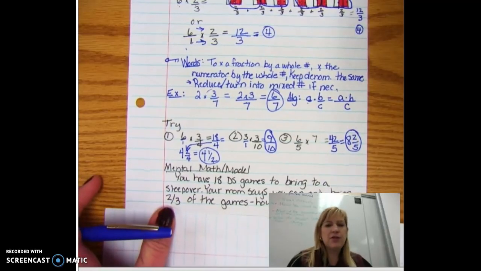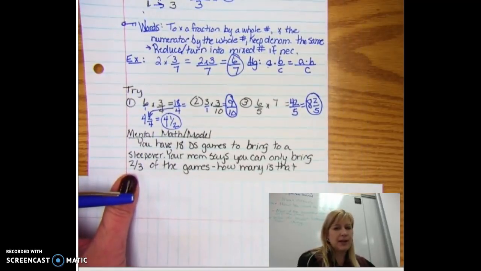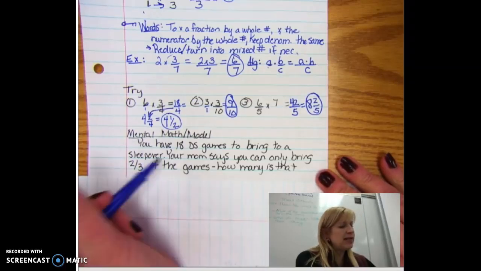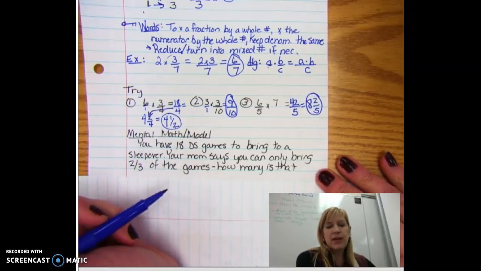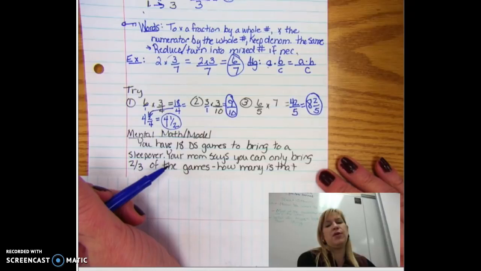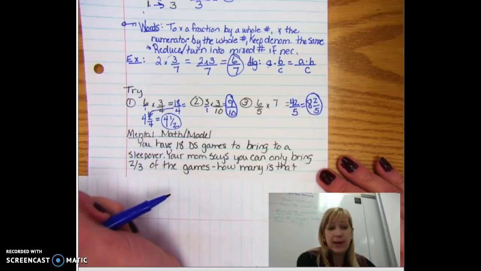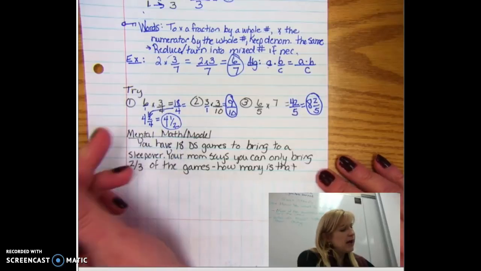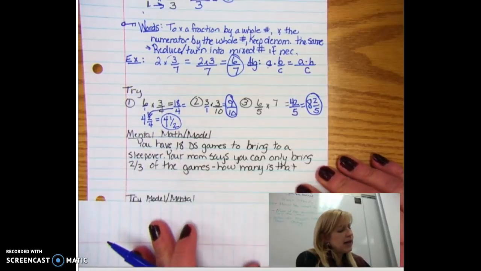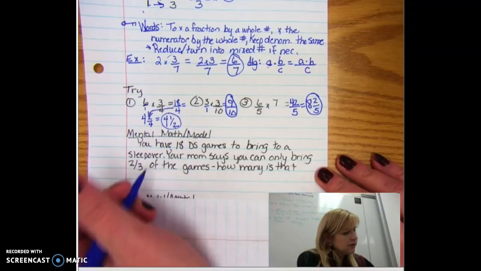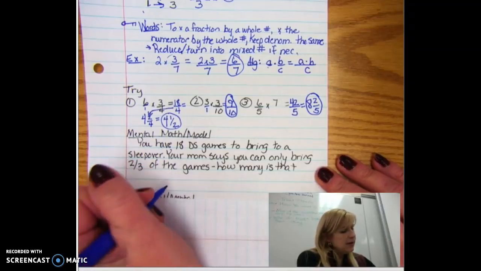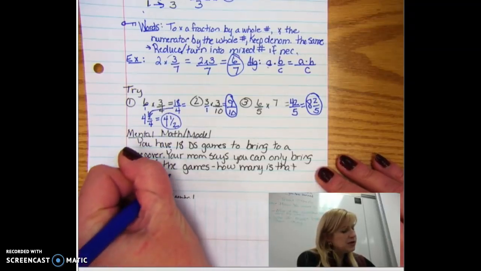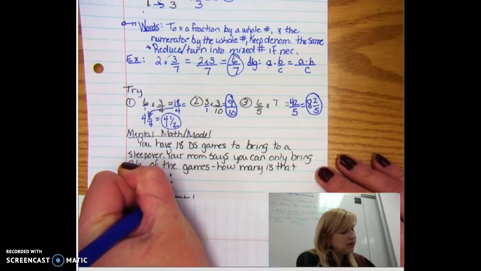So I want to talk about how to do this through a mental model. So let's say that you have 18 DS games and you're going to bring them to a sleepover, but your mom says, no, you can't bring all of them. You can bring 2/3 of them. And how many is that? So if I divide 18 DS games into thirds, I'm going to make a little grid here.